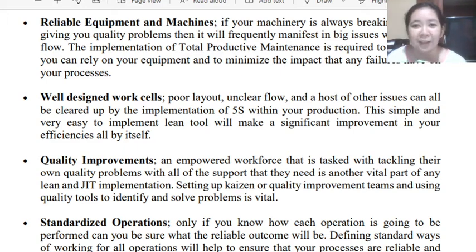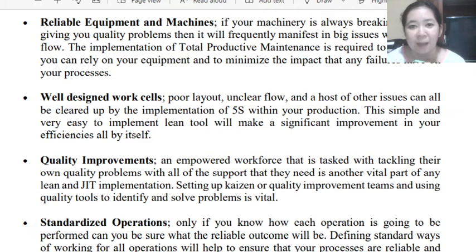I forgot the 5S actually, but I think this includes sorting of the items so that you can easily take what is needed, eliminating those items which are not needed. Another is the entity should make sure that there is a clean environment.